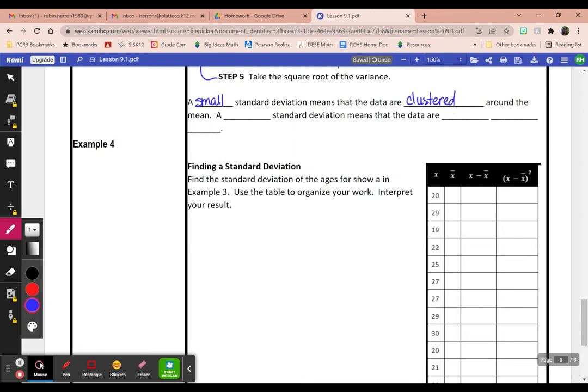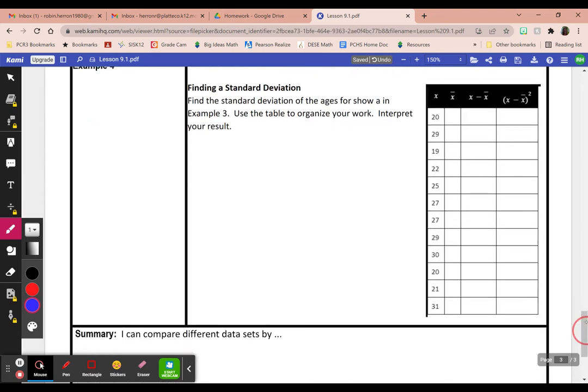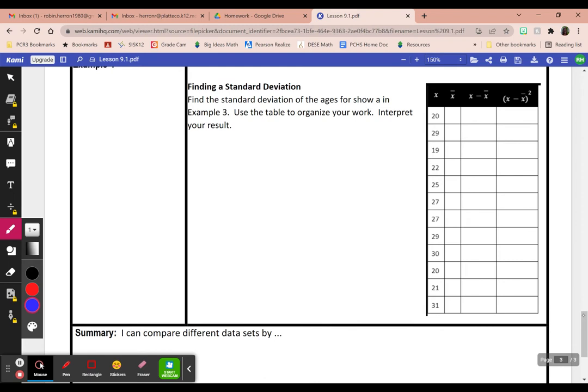A large standard deviation means the data are more spread out. So it depends on what you're talking about, but the data are going to be more closely related to each other if they're clustered. If they're more spread out, you're more likely to have differences in your data values.